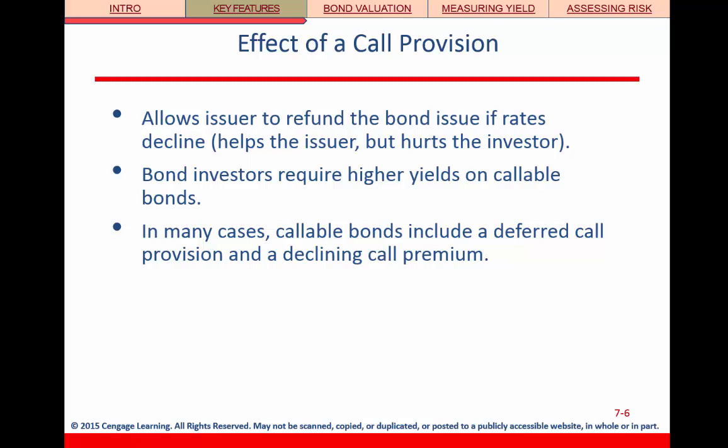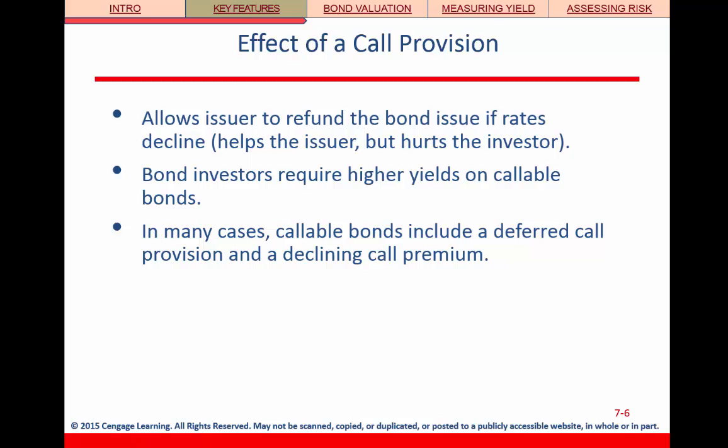Now, if interest rates have fallen, that's why the company called their bond back, and the investors have to find more bonds and face a lower interest rate than what they were receiving. However, the investors knew when they invested in the bond that this was totally possible. So, since a callable bond is riskier for the investor, companies must pay a higher interest rate or coupon rate on a callable bond.